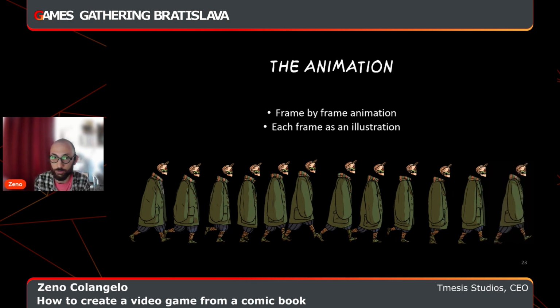In this case, there are a lot of the various sprites of the character that combined come out as the walking character. We use this style of animation because it allows us to work on each frame as if it were an illustration itself.